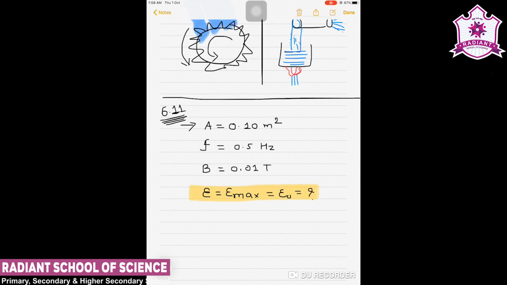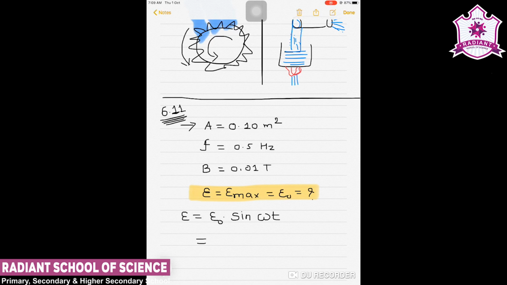Now, from the given condition, we can apply the well-known equation E equals E0 sine omega t. We also know that E0 is NBA omega.